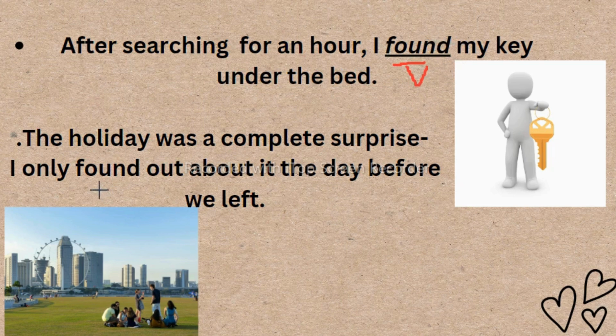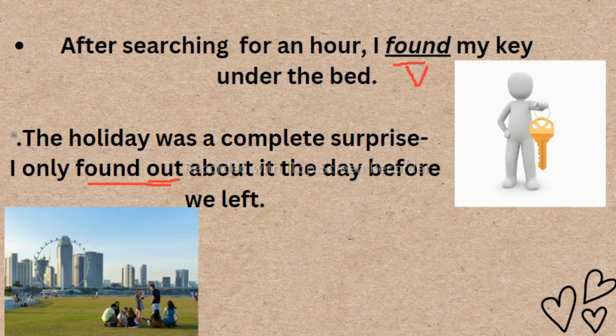But when we add out along with this found, it becomes a phrasal verb. This is used specifically for discovering information, and again it can be by accident or on purpose. For example, the holiday was a complete surprise. I found out about it the day before we left. So we use this for a discovery of information, but we use find for searching for an object.